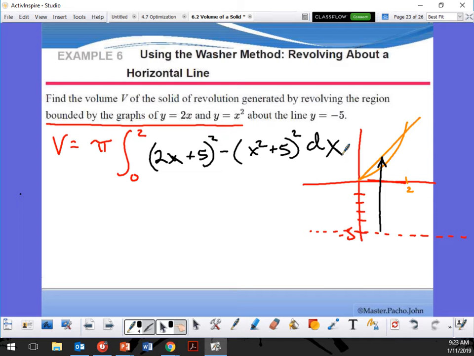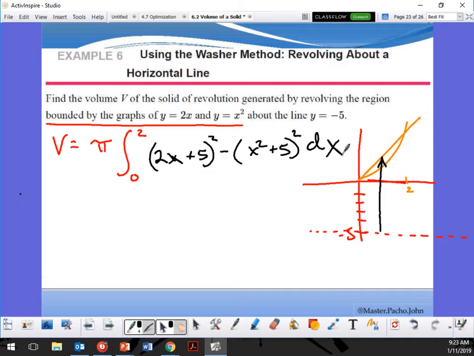So you can't just throw it out and be like, oh yeah, it's this and this and this. Draw it out, see what it is. They might even do something weird, as the function might be below the axis. So if the function was below the axis, that would change that again, wouldn't it?